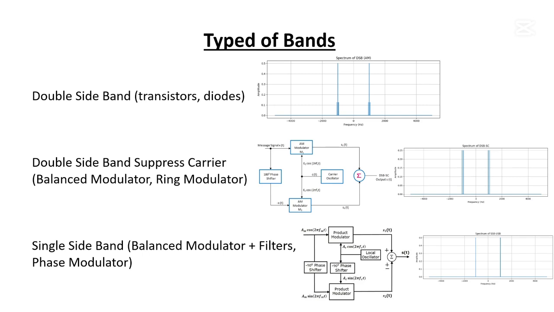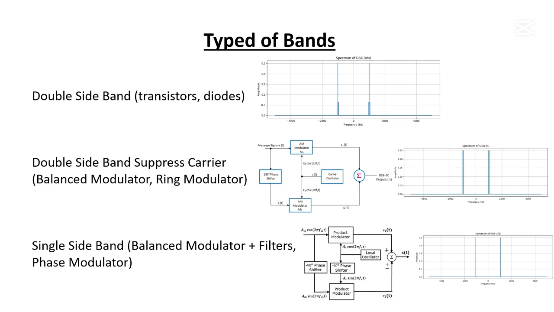Now let me also tell you that the upper sideband and the lower sideband both contain the same information. So if we cancel one of the sidebands, because both have the same information, we don't need a copy of that information.